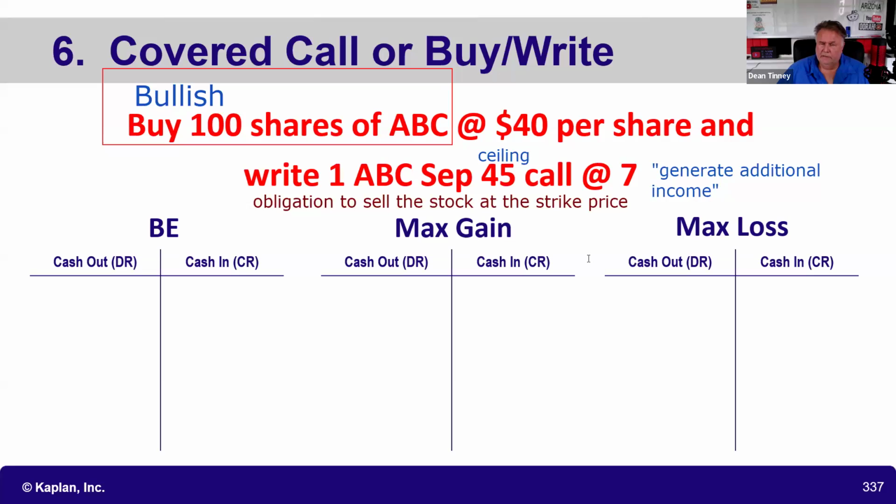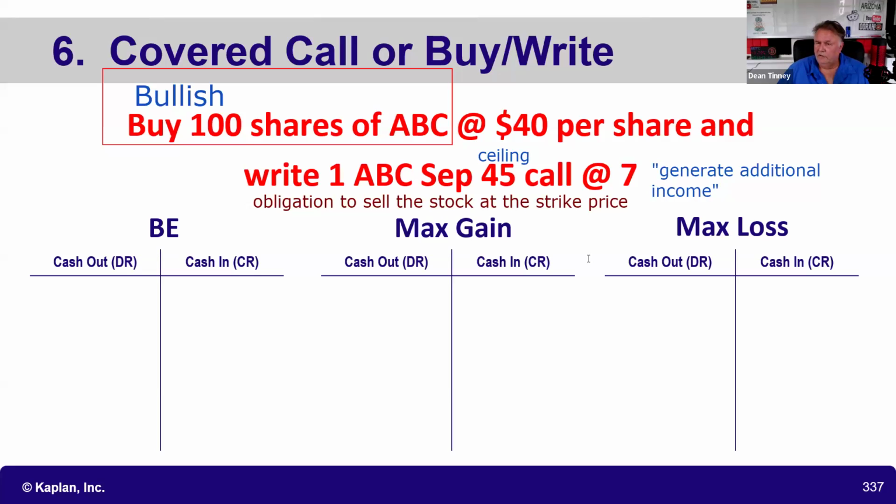And we'll assume I'm a full service broker. And I say, hey, Gina, I'm just looking at the ABC September 45 calls. You own the ABC at 40, and somebody will give us 7 points or $700 to agree to sell at 45 stock we just bought at 40.